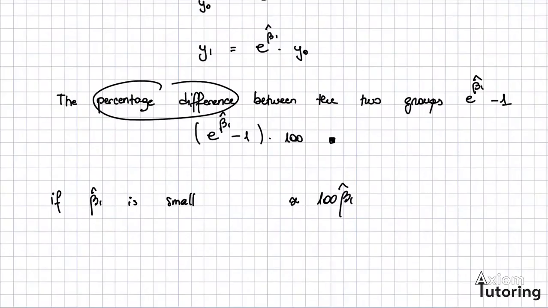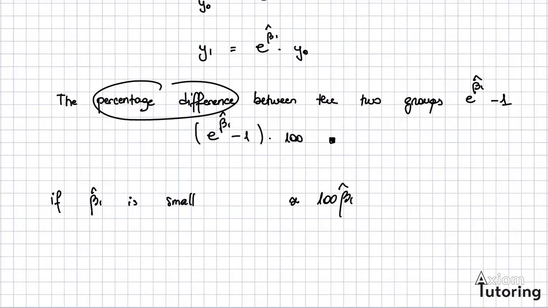This is why in many papers, whenever you have a comparison of treatment versus control, you will see them say that the treatment increases wages by about 8% because your beta 1 was 0.08.